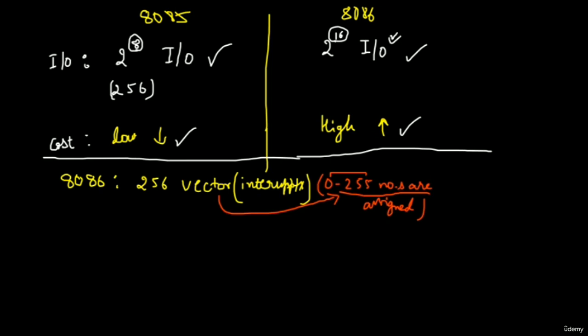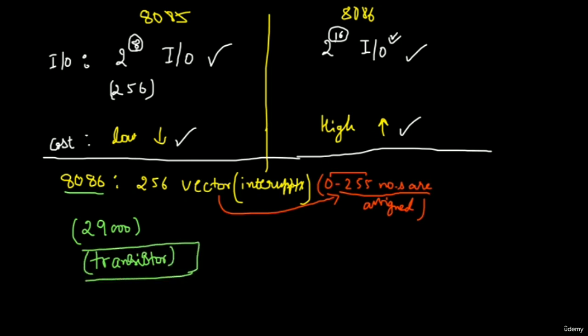That's fantastic, right? And just to satisfy our curiosity, let me tell you a few more points. The 8086 has 29,000 transistors. Maybe this number is not surprising you right now, but let me tell you that the processor we are talking about is not today's processor.